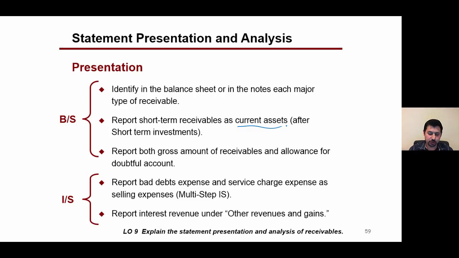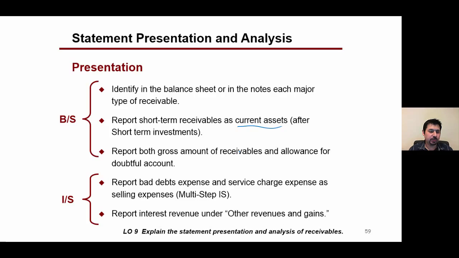And receivables are usually reported at gross amount. So you have the gross amount for accounts receivable and notes receivable, but also allowance for doubtful accounts right after that. Or, as you can remember from before, you can also have accounts receivable net of allowance.